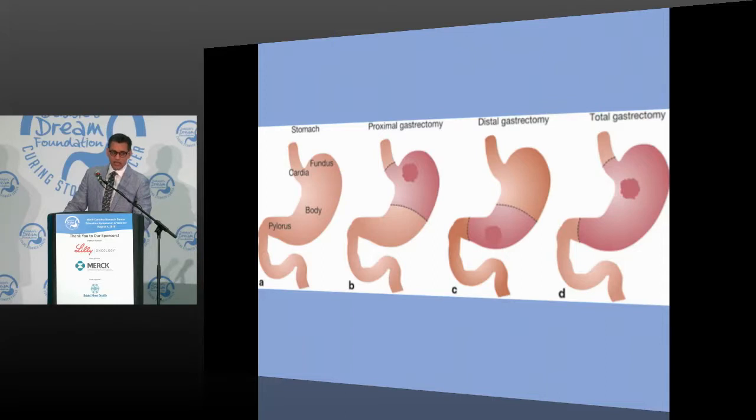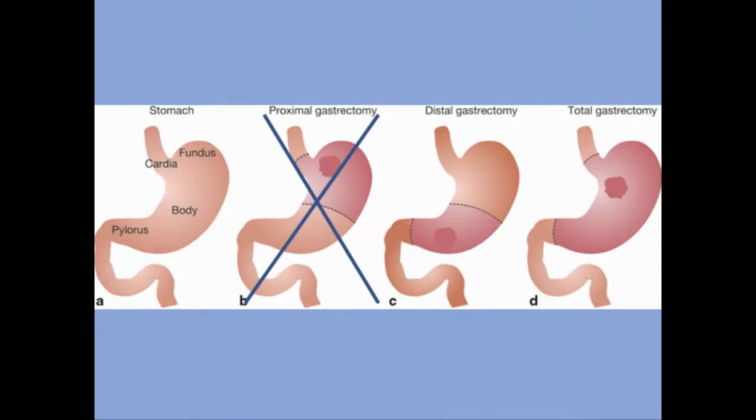If the stomach cancer is more towards the top of the stomach, where the esophagus meets the stomach, we usually take out the entire stomach, as you see in image D. The reason for that is we want to, again, make sure that we take enough stomach on either side of the tumor. And the reason why we don't do what's demonstrated in image B as often, though there are some surgeons who do it, is because when we divide the connection between the stomach and the esophagus, we divide the nerves that help stimulate the stomach to move and contract.